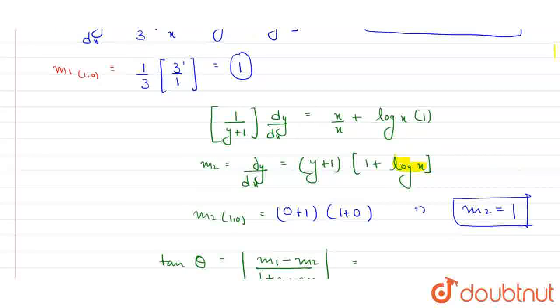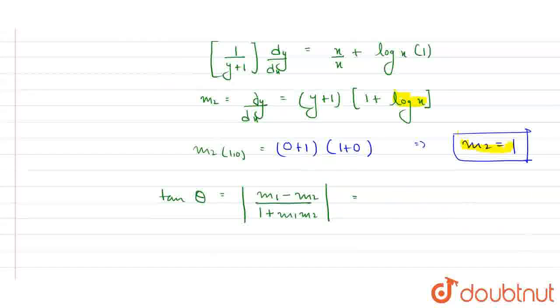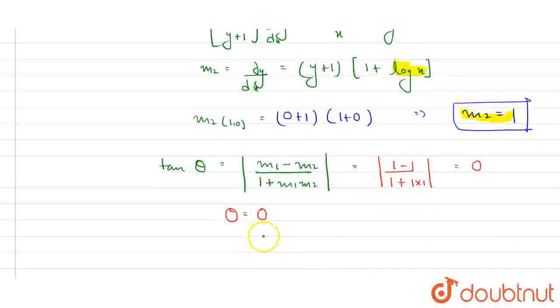I'll get (1 - 1)/(1 + 1 × 1). So tan theta is equal to 0, so theta is equal to 0 because tan 0 is 0.